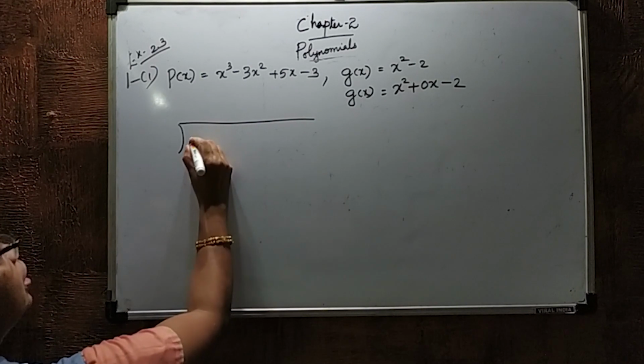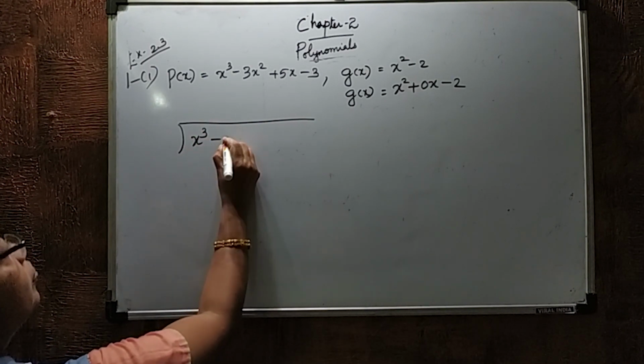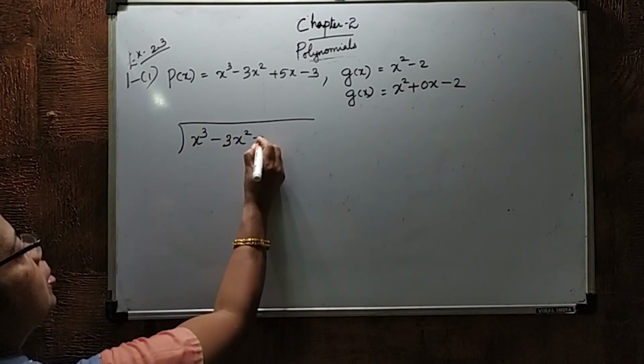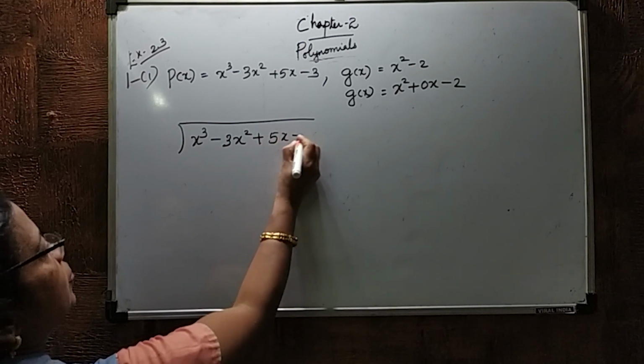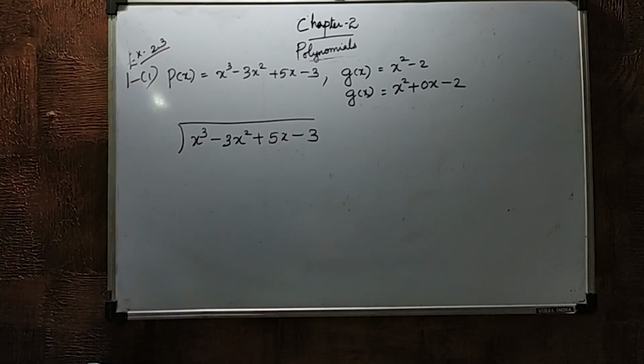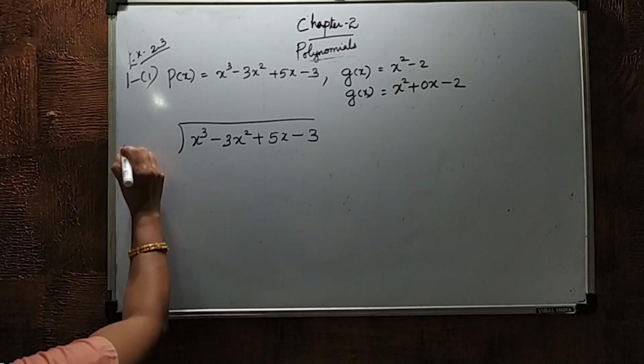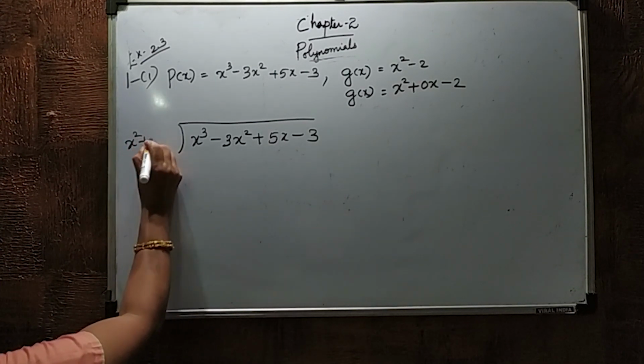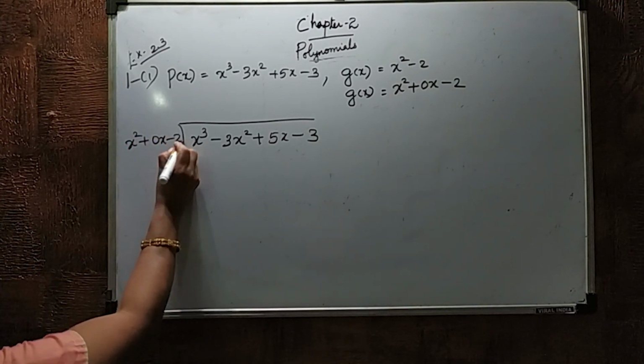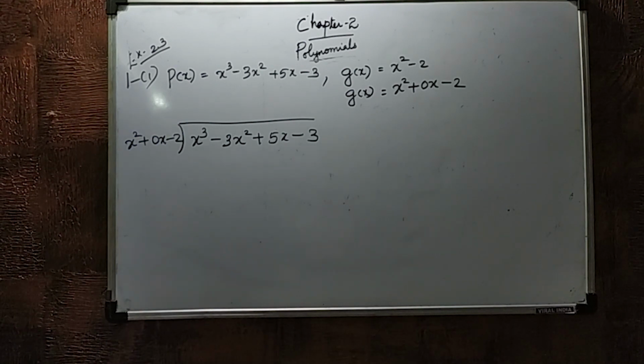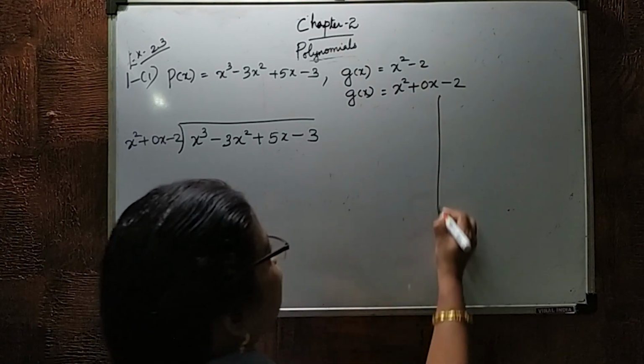So p of x should be inside: x cube minus 3x square plus 5x minus 3. This is p of x. Then g of x is x square plus 0x minus 2. Now you have to remember the first step.